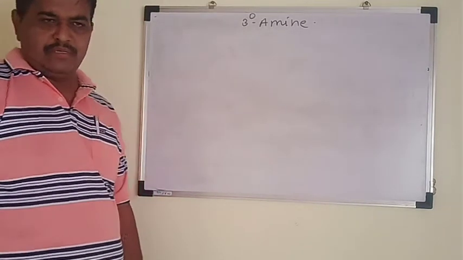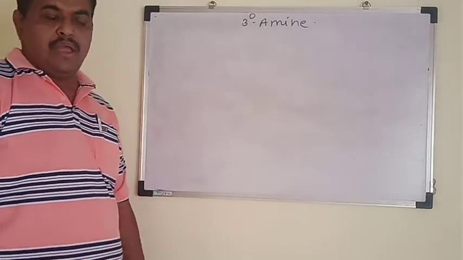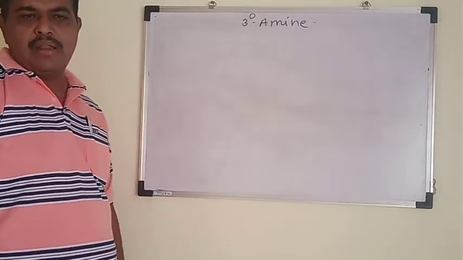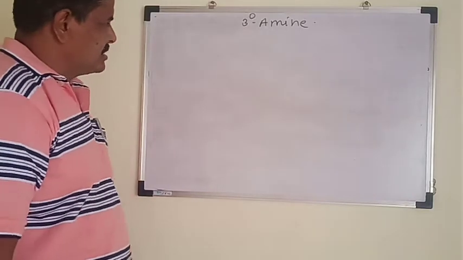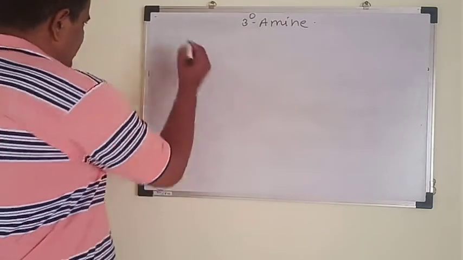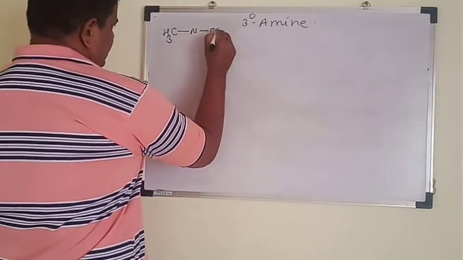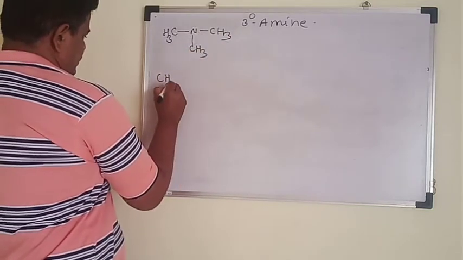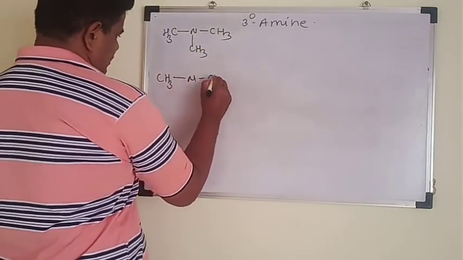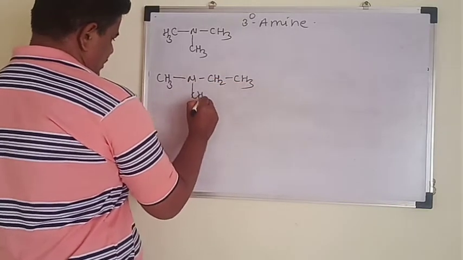Next point is tertiary amine. As you know, when 3 hydrogen atoms from ammonia are replaced by 3 alkyl or aryl groups, it is named as tertiary amine. For example, CH3, N, CH3, CH3, then CH3, N, CH2, CH3, N, CH3.